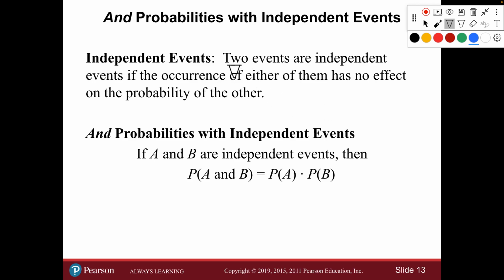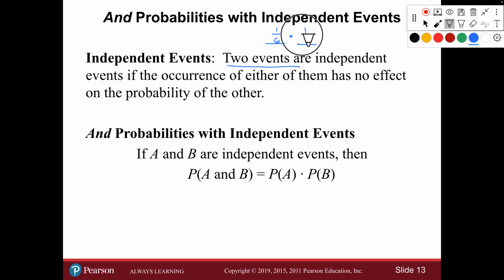So with these, we're looking at two events happening, not just one. There's a first event and a second event. When we've got two events going on, we're going to use something called the multiplication principle. Rolling a 1 the first time is a 1/6 probability. Rolling a 1 the second time is independent.